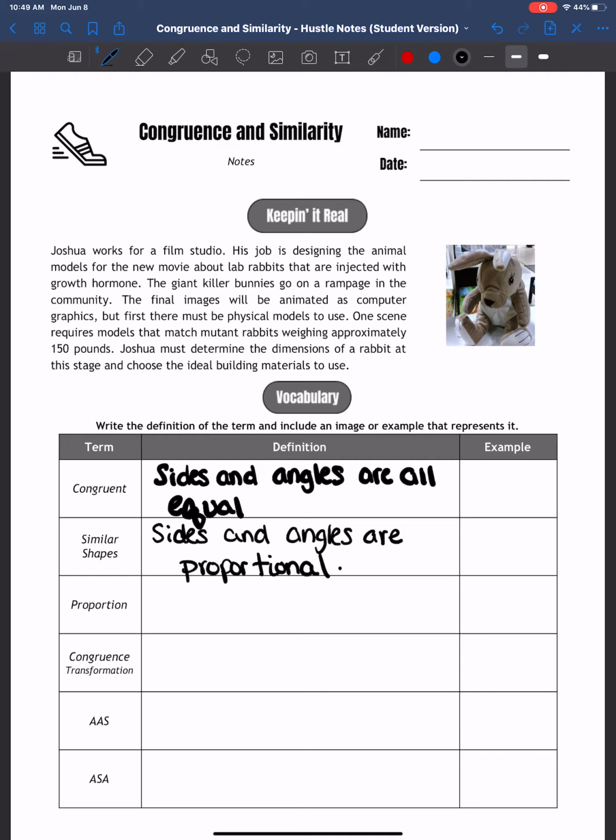Proportion is a comparison of two ratios. So, for example, 1/2 and 3/4 could be considered proportionate.